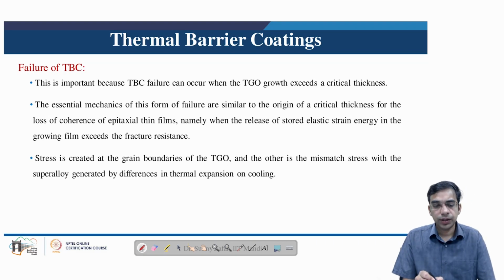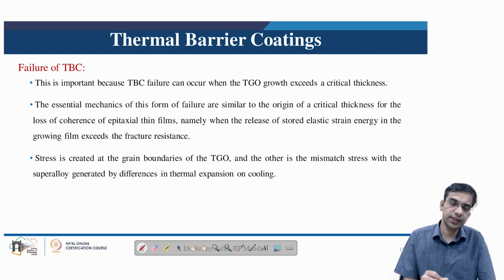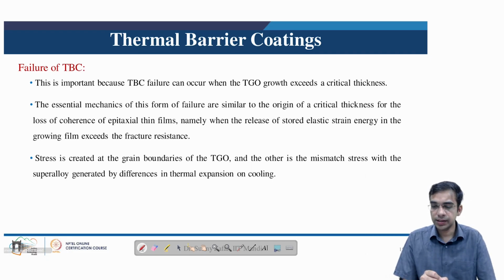Failure of the thermal barrier coating is also important to understand, because this thermally grown oxide layer is a dynamic layer. The thickness of the thermally grown oxide layer keeps on increasing, and once it reaches the critical thickness, rumpling takes place, which is local separation of this thermally grown oxide layer, which results in release of the stored elastic strain energy as the film exceeds the fracture resistance.